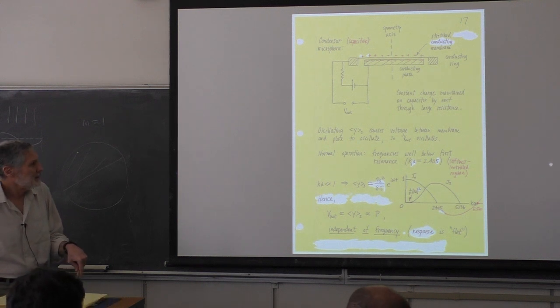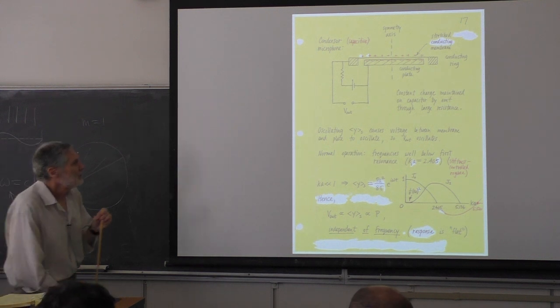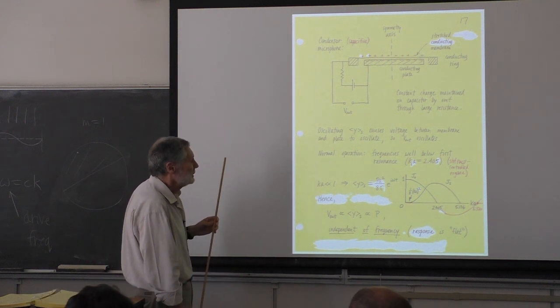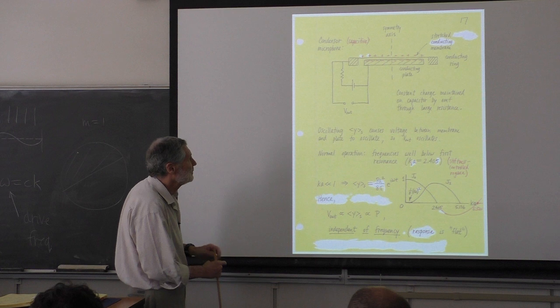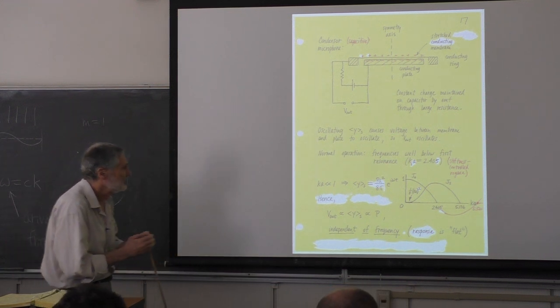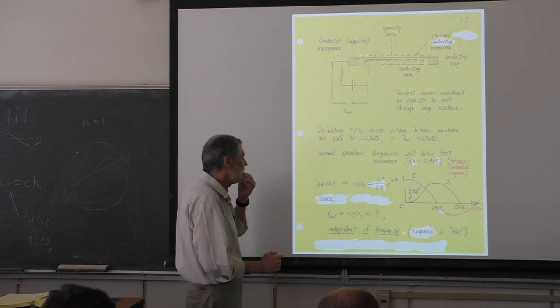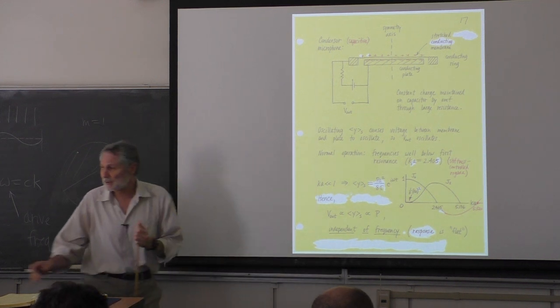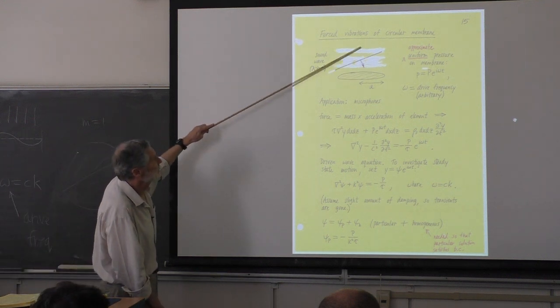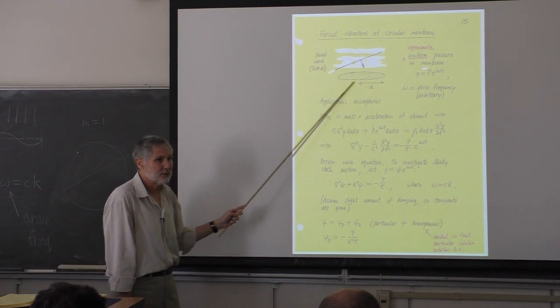And next, what we want to do here is consider the response of the microphone. Now, we have a sound wave coming in, right? The typical application here is when the wavelength is large compared to the membrane.